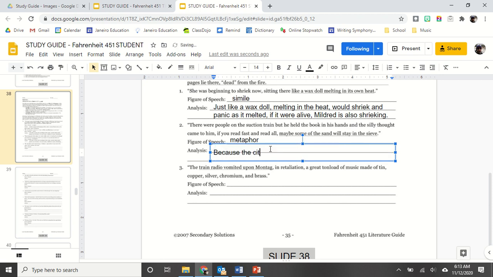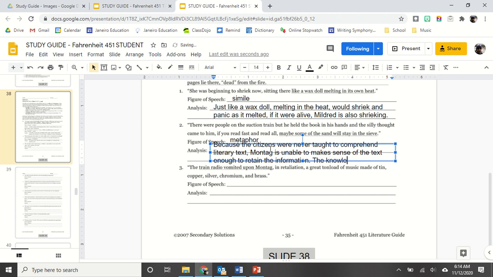Because the citizens were never taught to comprehend literary text, Montag is unable to make sense of the text enough to retain the information.